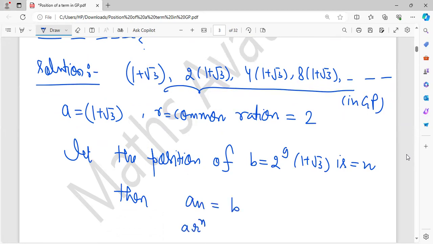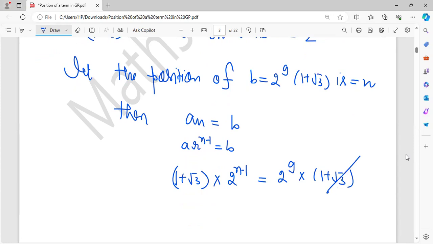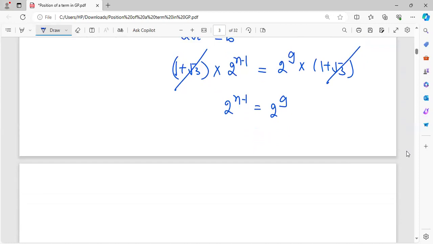A R to the power n minus 1 is equal to B. So A is 1 plus root 3, and R is 2, so 2 to the power n minus 1 equals 2 to the power 9 times (1 plus root 3). The 1 plus root 3 will cancel out. Comparing both sides, n minus 1 is equal to 9. It means n is equal to 10.